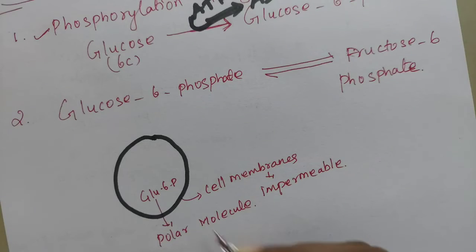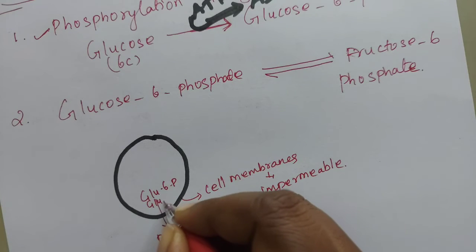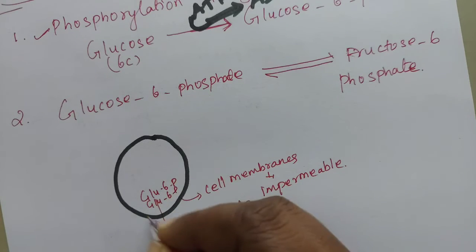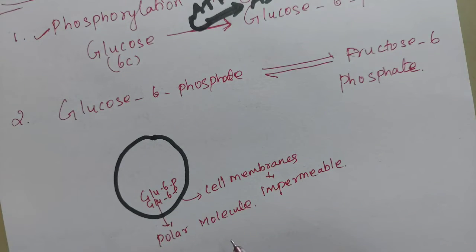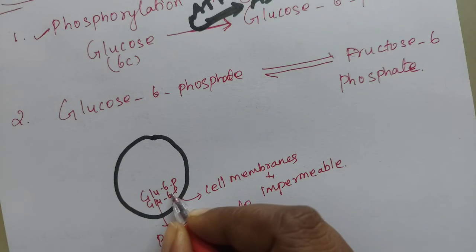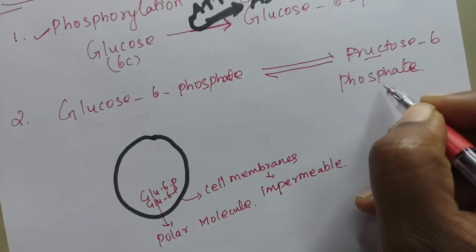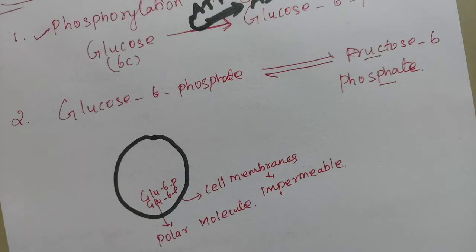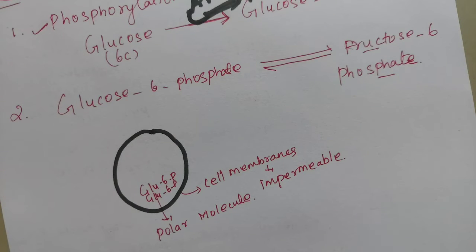Because of the impermeability, the glucose 6-phosphate gets accumulated inside the cell. To avoid this problem, glucose 6-phosphate is converted into its isomerized form known as fructose 6-phosphate. So this conversion happens to avoid the accumulation of glucose inside the cell cytoplasm.